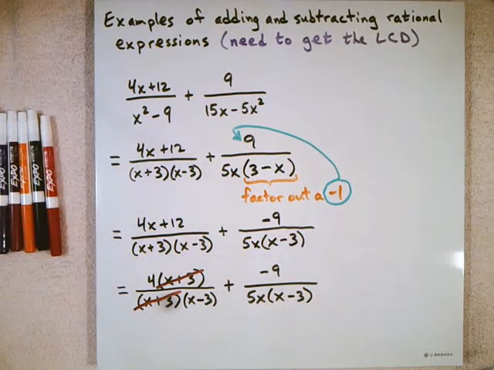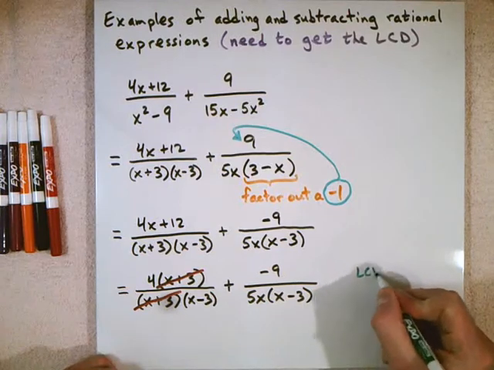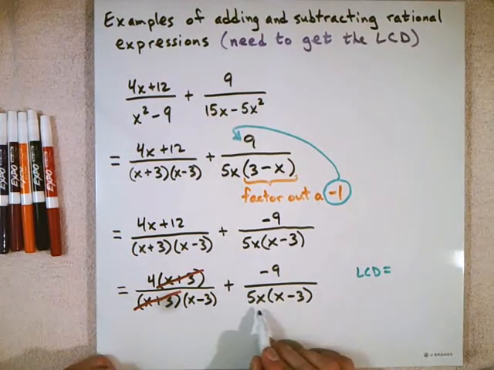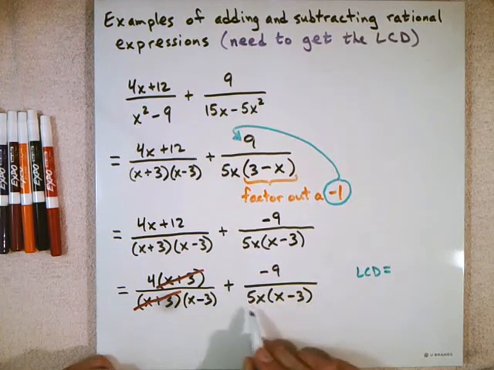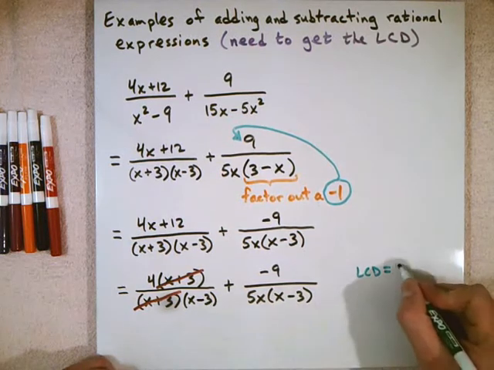And now what's our LCD going to be here? The LCD is going to be what? 5x times x minus 3, is it? Because I need at least the second denominator, and it's already got the x minus 3, so that's all I need. That's pretty good.